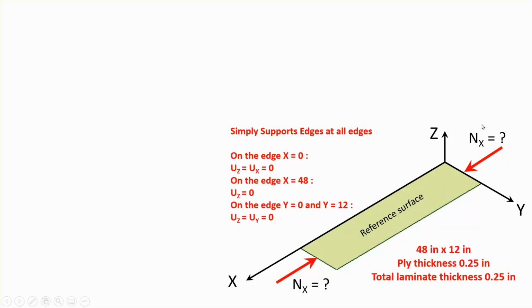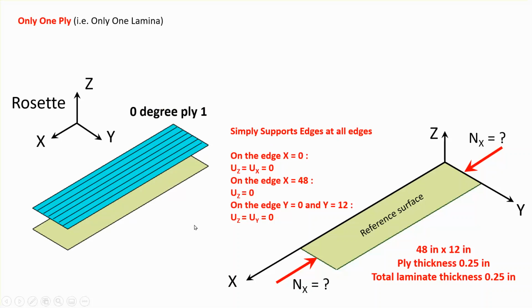So this drawing may be misleading. I don't need Nx on both sides. One side is going to do it because the other side is simply supported, and the reaction force also happens to be Nx in the direction shown. Okay, now as far as the simple support is concerned, they are shown here. We will get to that later.